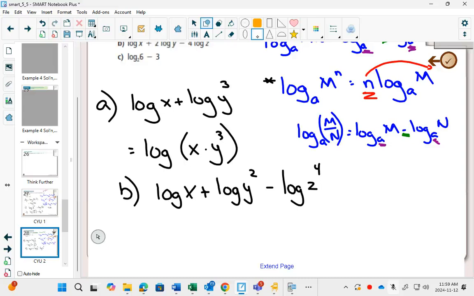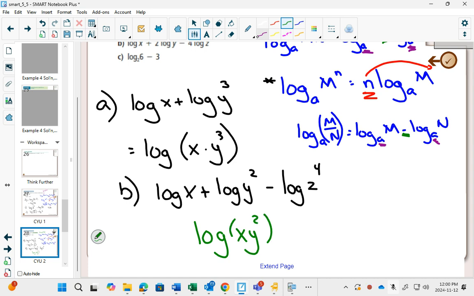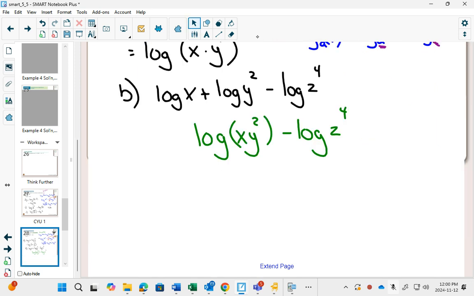Now you can do this in 2 steps, but I'm going to tell you that it's perfectly legal. So I'll do it in 2 steps, but I'm going to write the first step down in green, because you don't have to write this step down. But you see that these are adding, so I could put them together as multiplying. And then I have subtracting, so I could put them together as dividing.